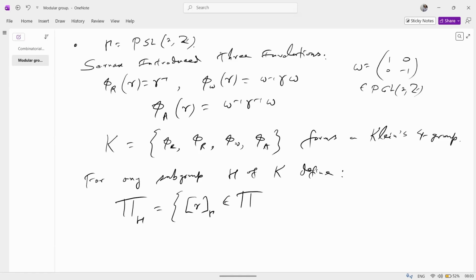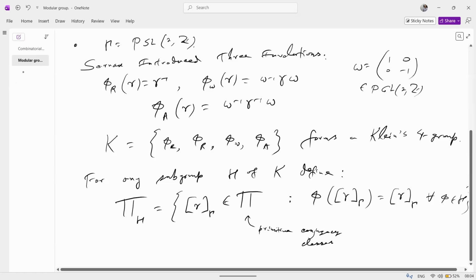So what Sarnak did, he took the primitive conjugacy classes, and then you look at those classes which are invariant under this subgroup of the Klein 4 group.